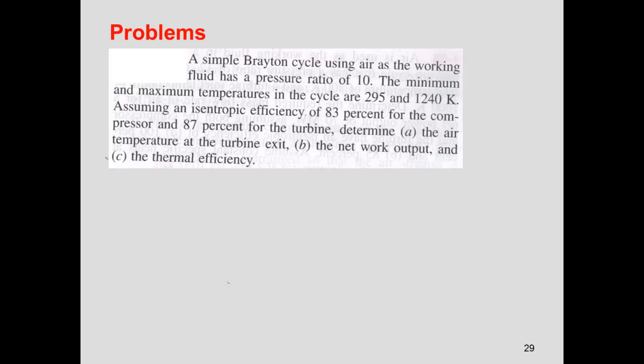So we have a compressor, and then we have the combustor, then we have the turbine. As we discussed, part of the work is used to move the compressor. The rest of the work is our net work.